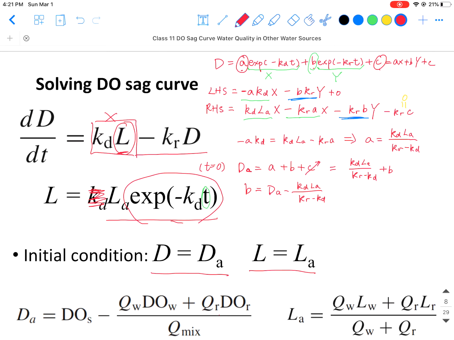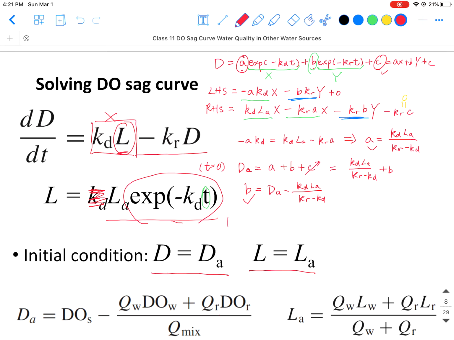Okay, so now we have solved everything. We have b ready, we have a, and we have c, which is equal to 0. So now let's plug into this equation. That's going to be a, or this kd LA divided by kr minus kd, exponential minus kdt.